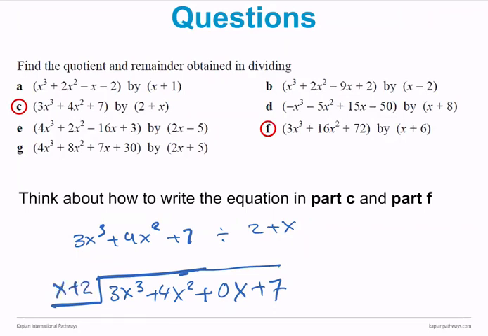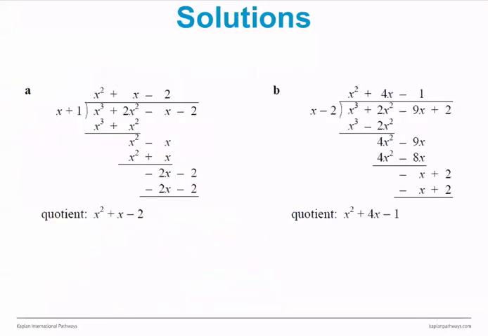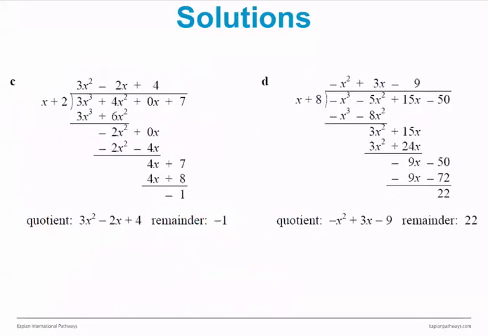Let's go to C. So these are the solutions. So this is the C. So 3x cubed plus 4x squared plus 0x plus 7. You need to save the place for it. Just put 0x. And divide by x plus 2. It was 2 plus x, so just make it x plus 2.